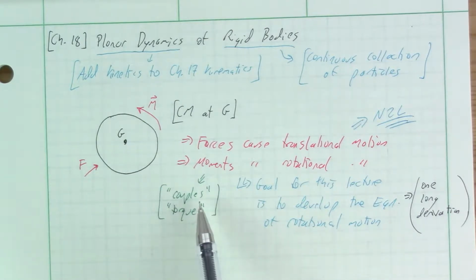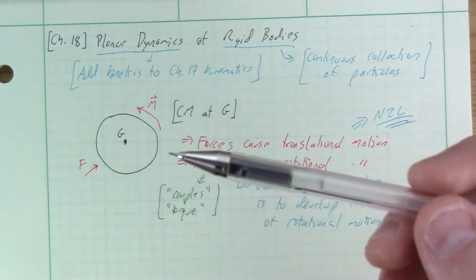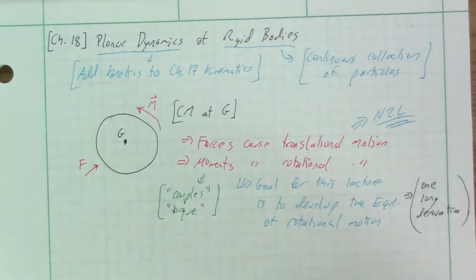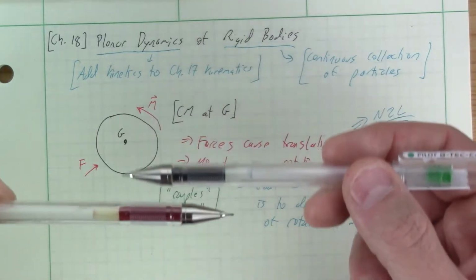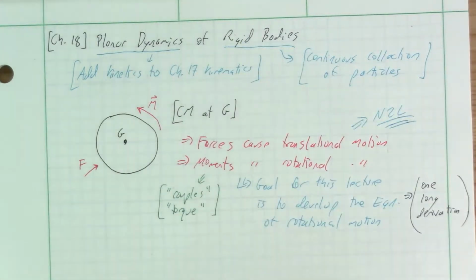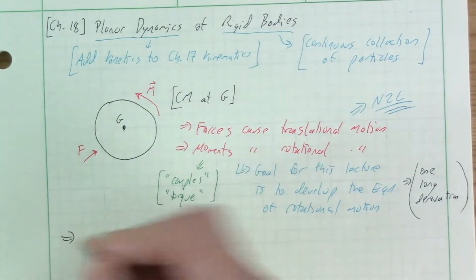Couples are a result of two forces that act opposite each other but at a distance, whereas a moment is more of a rotational imposition, a force that directly causes a rotation. Either way, we can use these words interchangeably, so just know that we're doing that. Okay, so let's get into it.